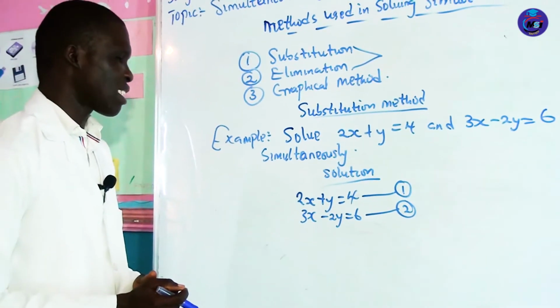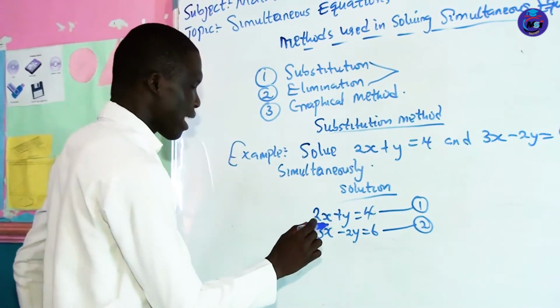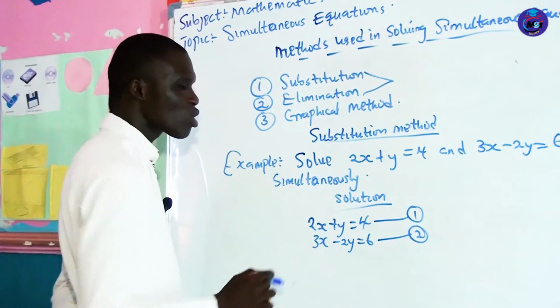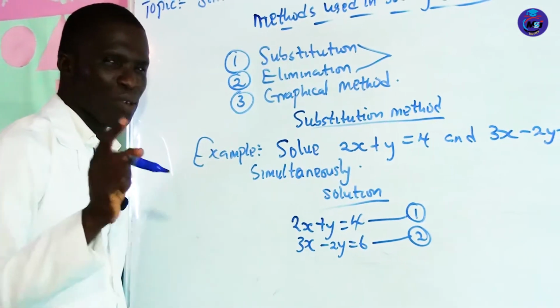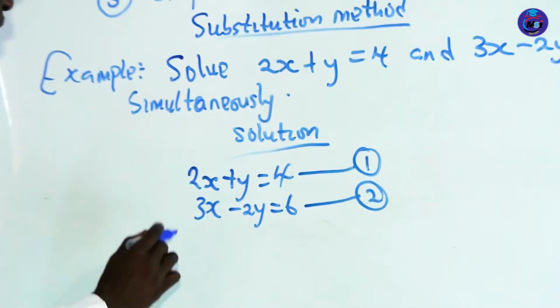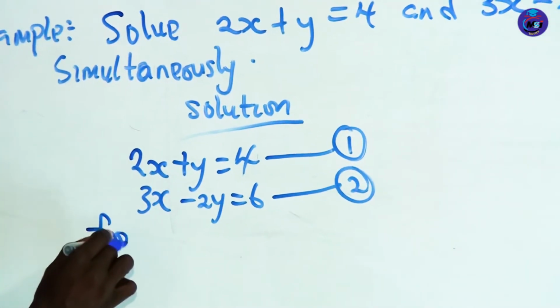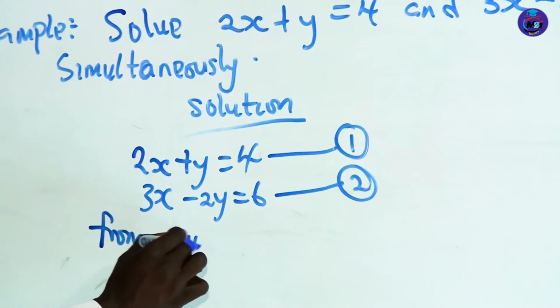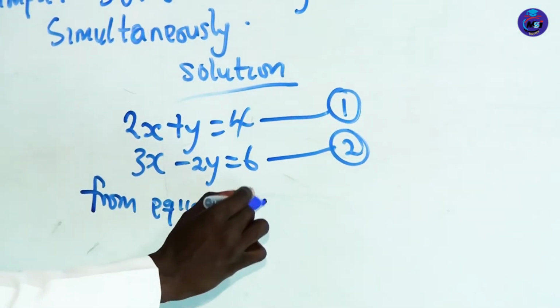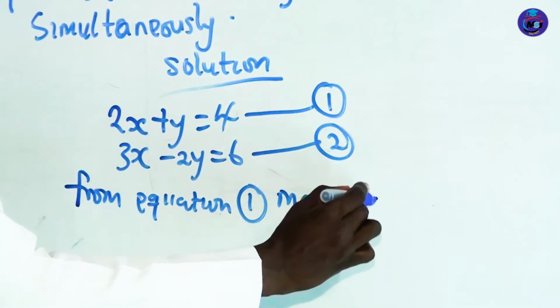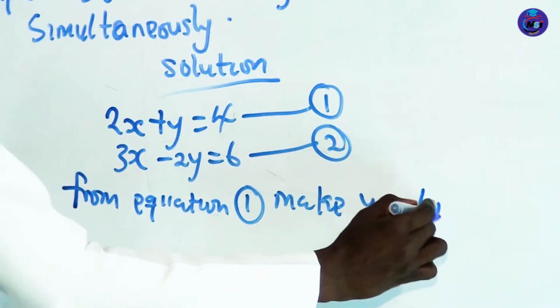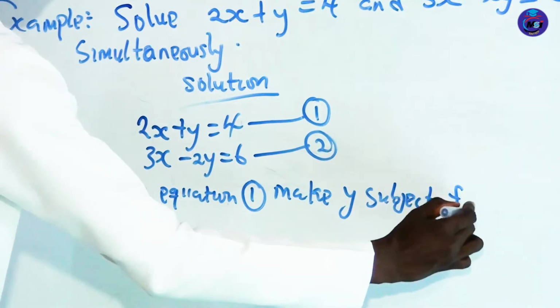We want to make y the subject of the formula. Don't get confused with that. I'm going to explain that to you. From equation 1, make y the subject of the formula.